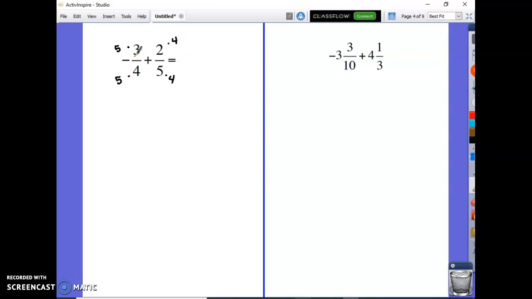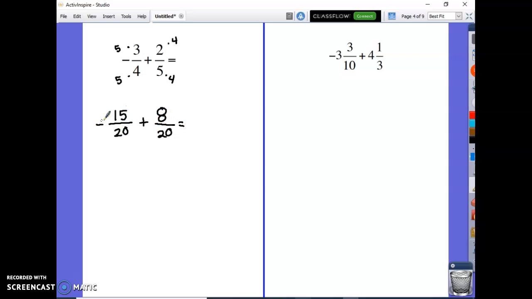So 5 times 3 is 15, over 5 times 4 is 20, and I'm going to transfer that negative sign. Please don't forget those because they will give you a wrong answer if you drop those. So 4 times 2 is 8, 4 times 5 is 20. Same signs add and keep, different signs subtract.